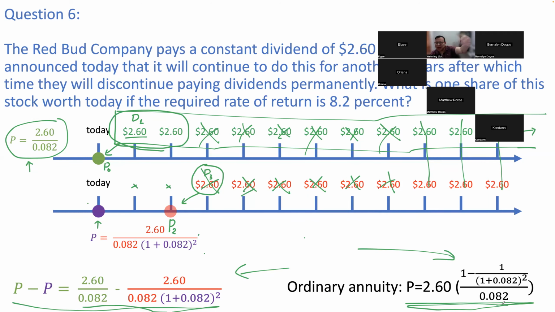Or you can do my approach: consider there are two perpetuities and take the difference. Okay, so that's 3 different ways to do it.